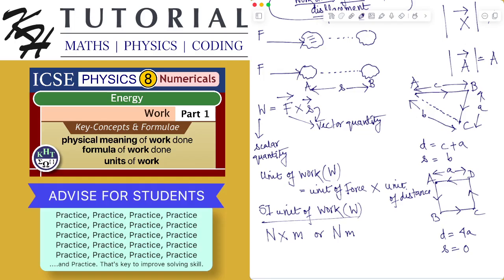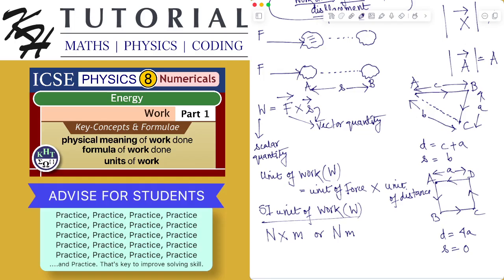Now also know that in a previous video I discussed the moment of a force, or torque. In that the formula was the applied force multiplied by the perpendicular distance of the direction of the force from the pivot point. There also the unit was Newton meter.